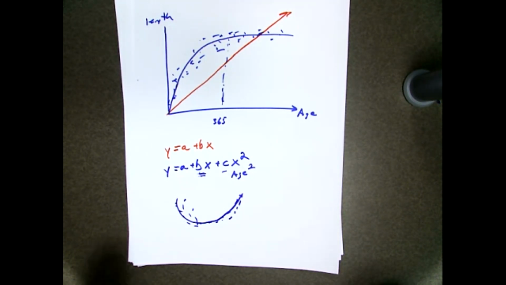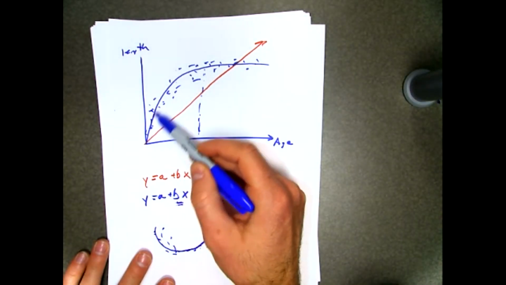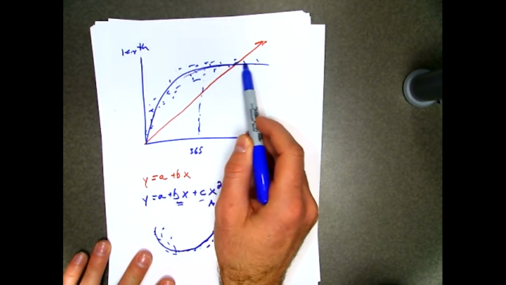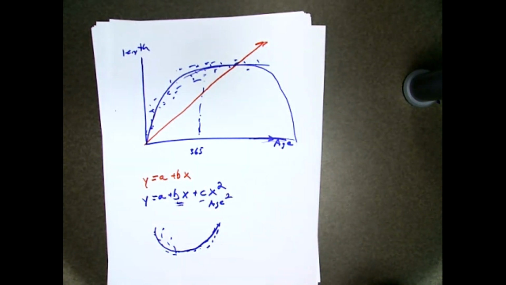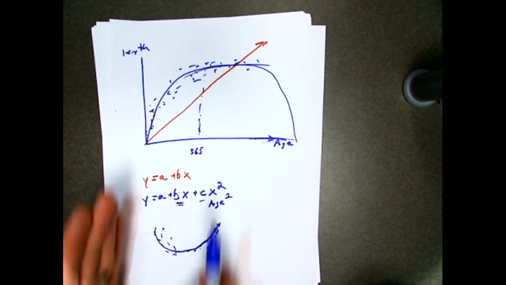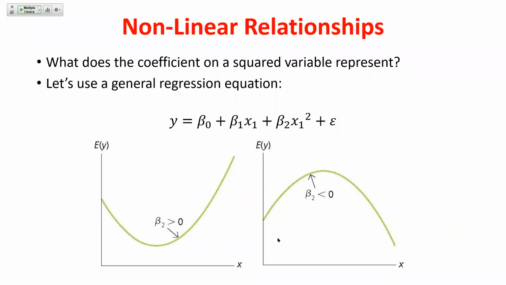There are not many things in the world that have that. There are some, but most of the time what we're really looking at is, yeah, this eventually goes back down. It just starts going back down at ages that we never see in the data, right? We're probably only going to be seeing half of that quadratic in the actual observations. But using this quadratic term still allows us to capture what those relationships are.